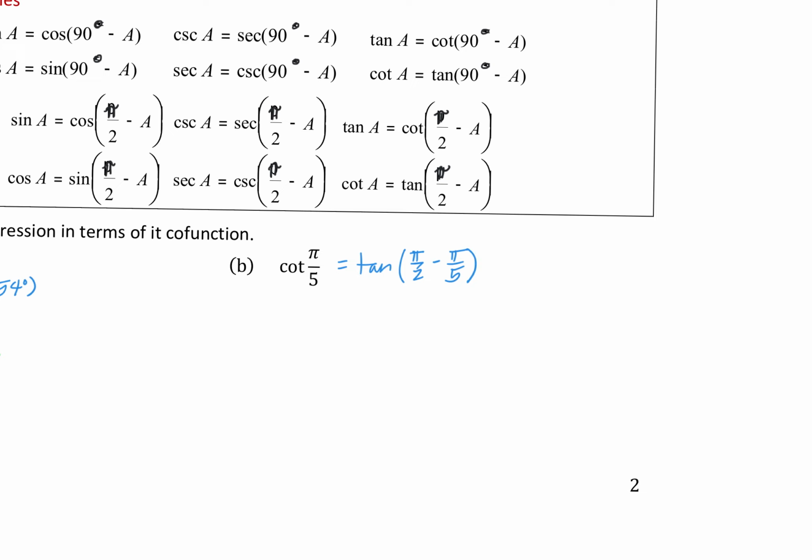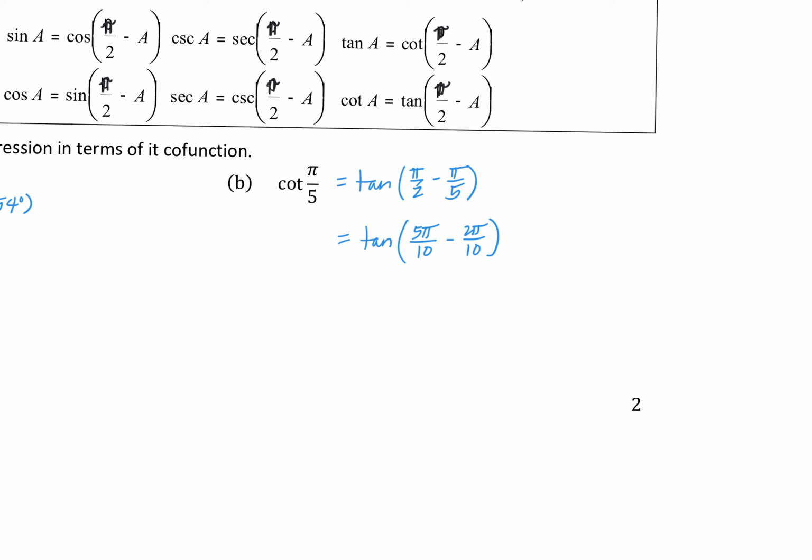So this is going to be tangent of 5 pi over 10, minus 2 pi over 10, I believe. Simple math escapes me. So this will end up being tangent of 3 pi over 10.